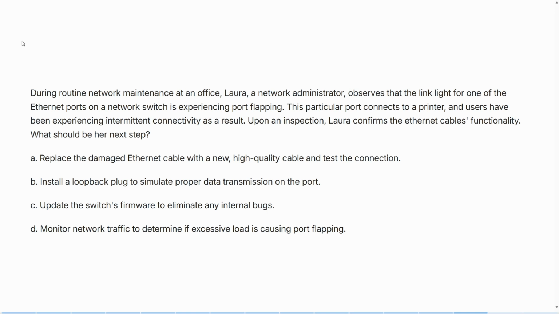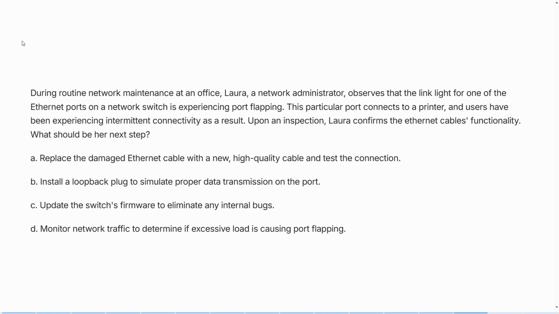What should be her next step? A. Replace the damaged Ethernet cable with a new high-quality cable and test the connection. B. Install a loopback plug to simulate proper data transmission on the port. C. Update the switch's firmware to eliminate any internal bugs. Or D. Monitor network traffic to determine if excessive load is causing port flapping.